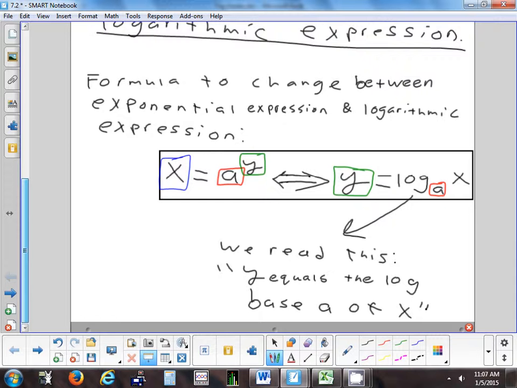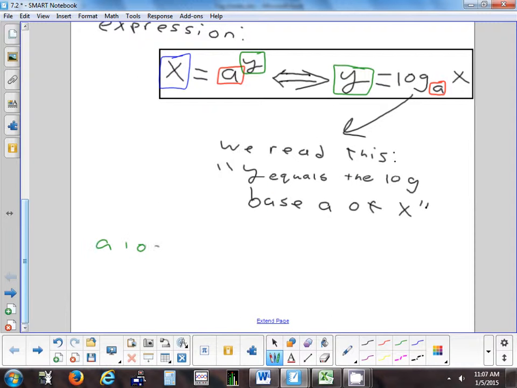So I want you to remember that a logarithm always equals an exponent. In fact, I'm going to write that down. That's important.